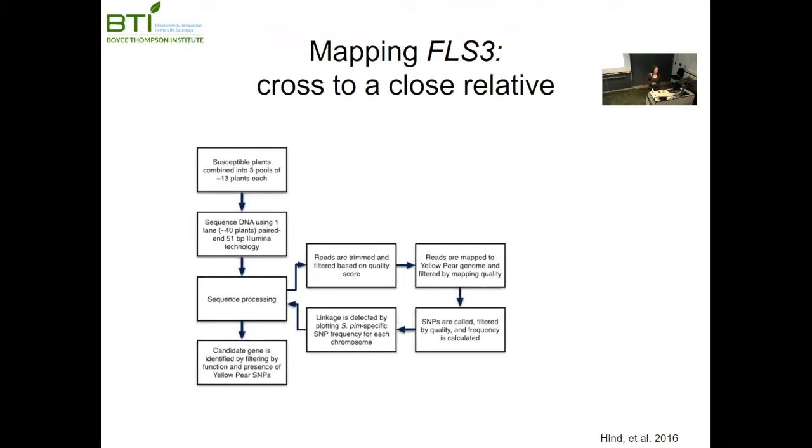So we mapped these reads from her samples onto yellow pear, and then we called SNPs. Whenever we call SNPs, the SNPs that we find should be coming from pimpinellifolium. And then we plotted the frequency of these across the chromosome. And then once we had a region of interest, we went in to see what actual genes were there.